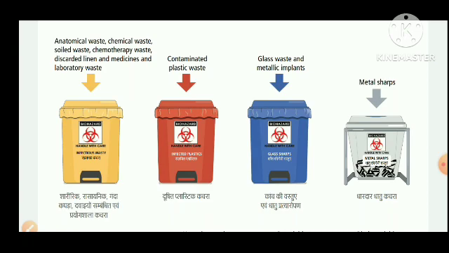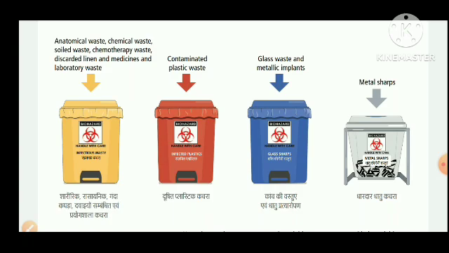From an objective point of view, many MCQs can be formed from these points. So please try to remember which kind of waste can be put into which color-coded bin. Try to write it in the notebook or take a screenshot of this.